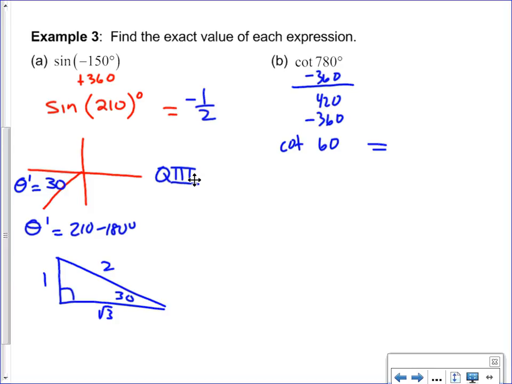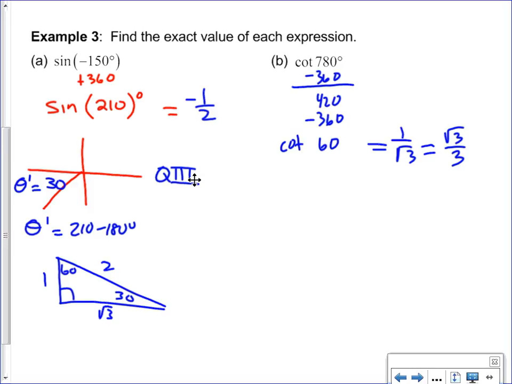What's the cotangent at 60? Using this same picture, cotangent is what over what? Adjacent over opposite, so that's 1 over root 3, which, if you rationalize it, is root 3 over 3. And they all lived happily ever after.